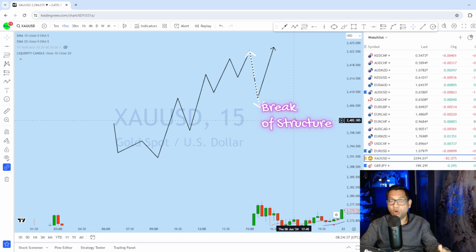Once the break of structure happens, a lot of buyers, for example in this market, hit their stop loss, so that turns into sell positions. Also, a lot of new buyers come into the market that give you a higher momentum for further movement to the upside.